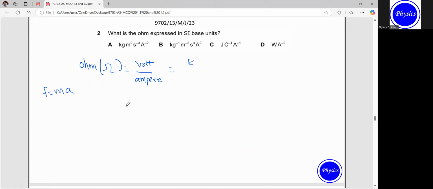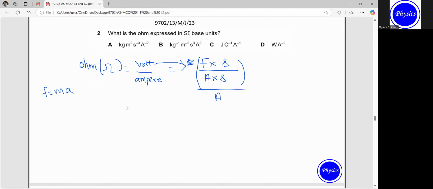Actually, let me write the full form. It is F times distance, okay? Distance, yes, we represent by S. F times S, this is only for the numerator. Then I times T, which is ampere times second. This is for the numerator divided by ampere, okay? The denominator. So this is all about volt.